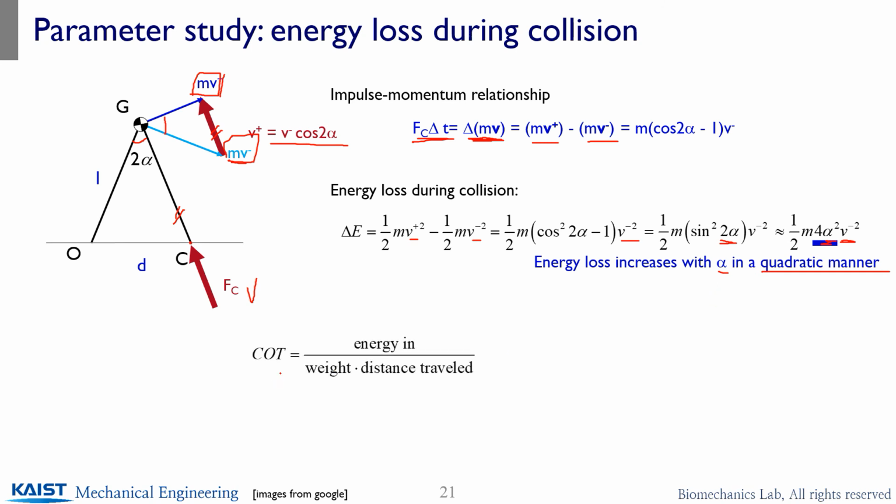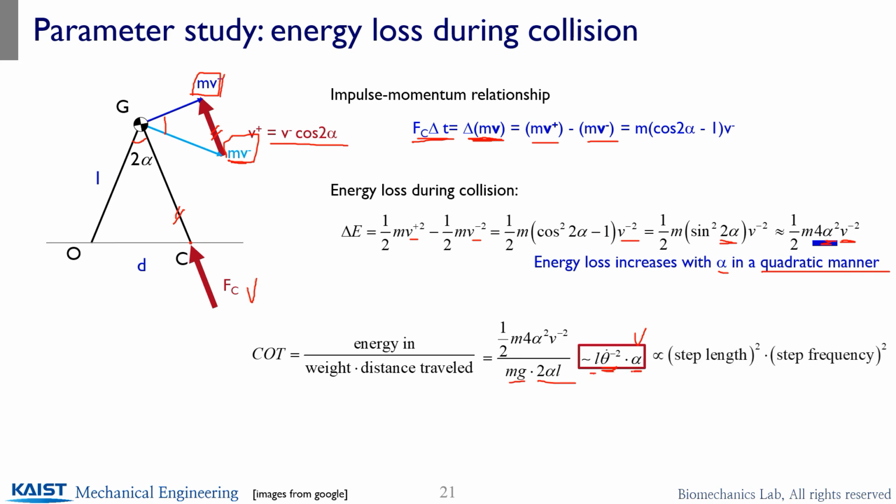For calculating the cost of transportation, the weight and distance traveled are mg and 2 alpha L, and the energy in here is to compensate the energy loss. If you plug that in, you will end up getting this value. Examining it, one part is like a temporal component and this is a length component, so you can approximate that it is proportional to the step length square and the step frequency square. That's the cost of transportation analyzed purely from the mechanical point of view.